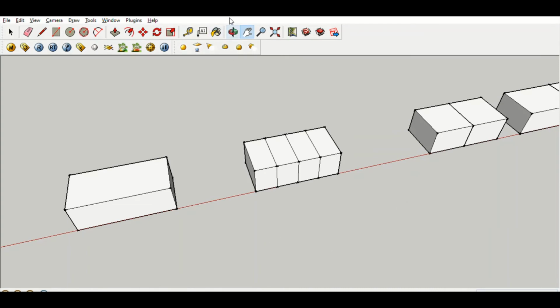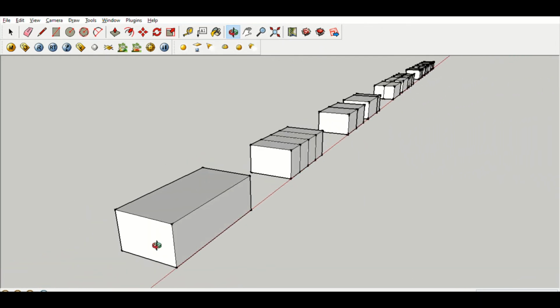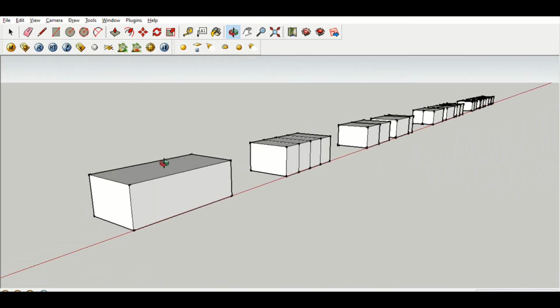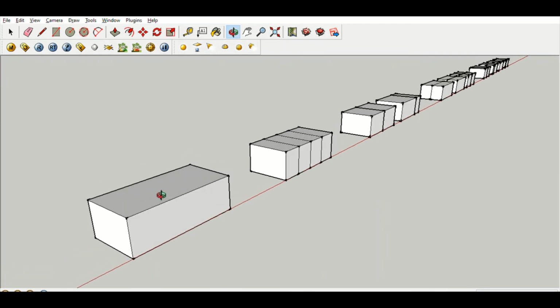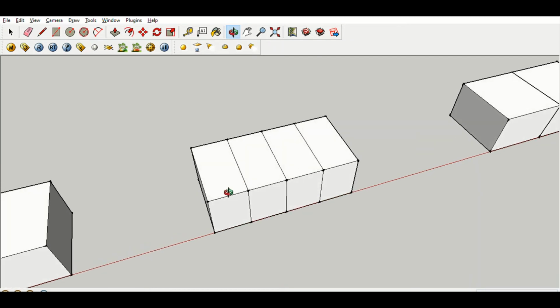Okay, now let me give you a small demo about this entire thing. Consider this one as a brick, the entire brick. So this is the stretcher surface, this is the header surface, and this is the bed on which the frog was made over there. Now if we divide this entire brick into 4 equal parts, first, second, third and fourth.